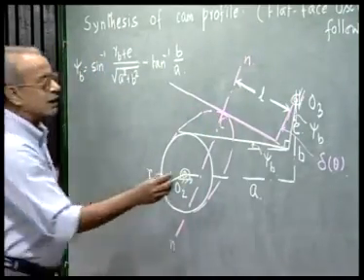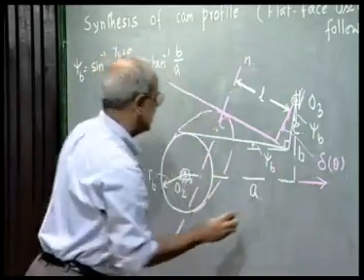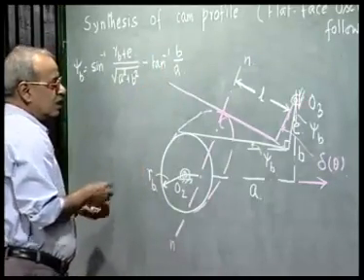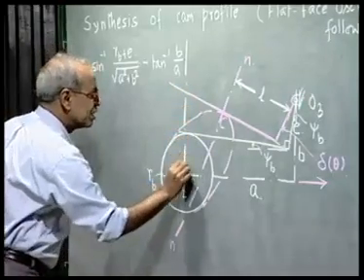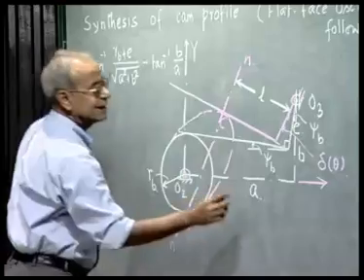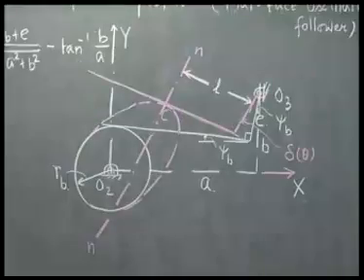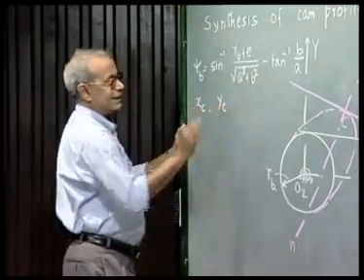As we have done for the translating follower situation, we take our x and y axis passing through O2. This is the x axis, this is the y axis. Our objective is to find the coordinates of the contact point, namely xc and yc.